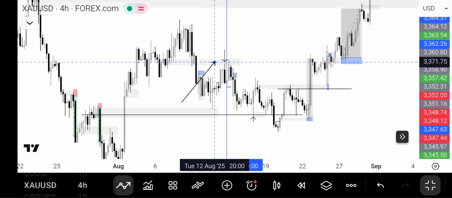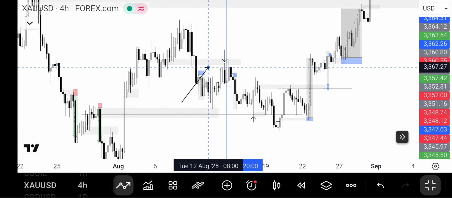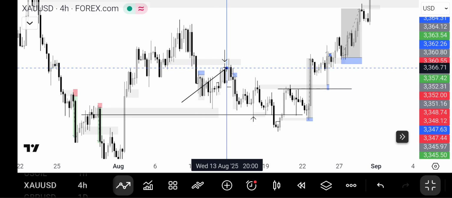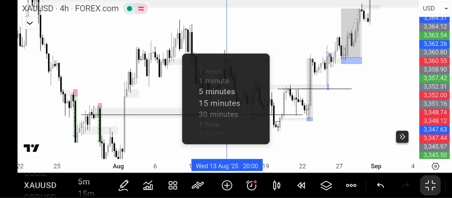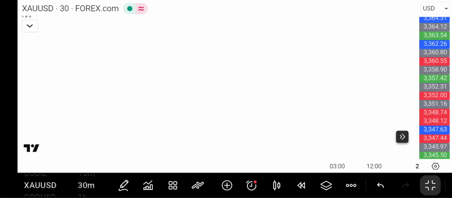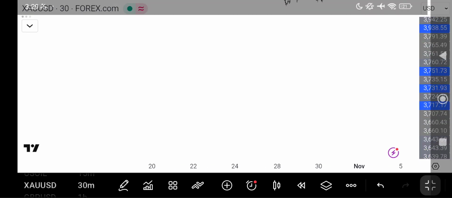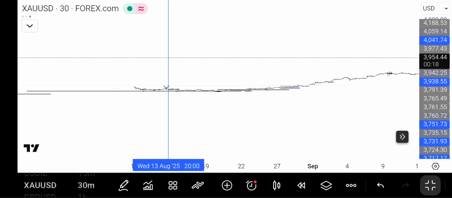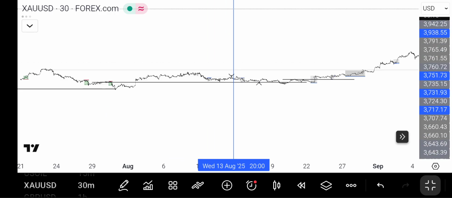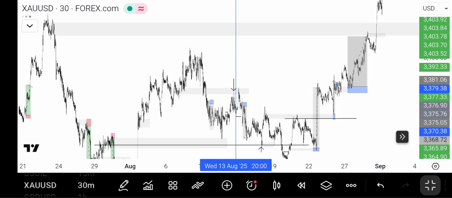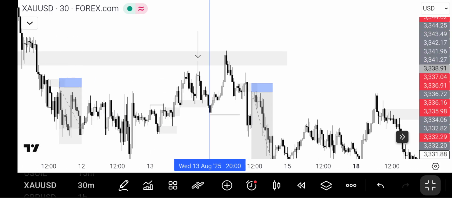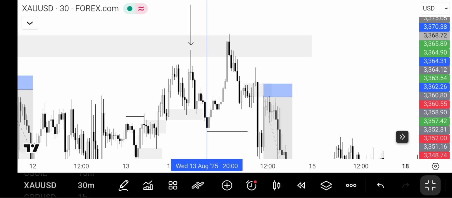Tapped into this 4 hours breaker block. What happened? Look at where gold tapped. Let's go to the lower time frame. Let's go to the 30 minutes. Here is our demarcation. Here it is. Now watch.